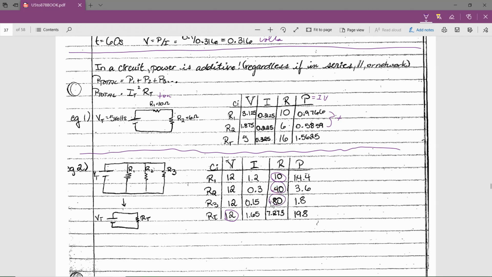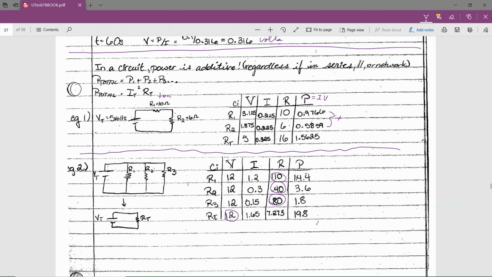So my equivalent resistance is 1 over 10 plus 1 over 40 plus 1 over 80, and you take the reciprocal, and it's 7.273, and I is V over R, 12 divided by 7.273, which is 1.65 amps.